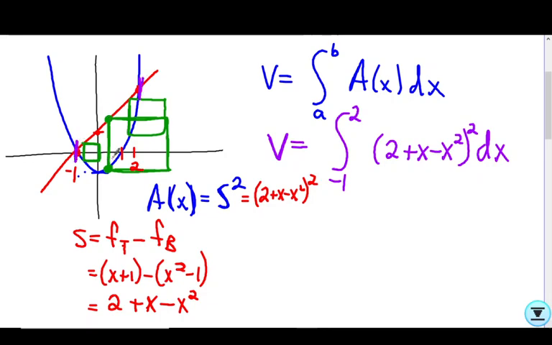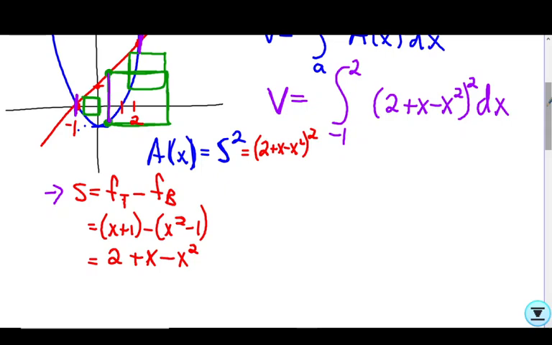The area equation comes from these squares, and the length of one of the sides comes from top minus bottom. So we're using the bounded area to come up with our base length. From here, it's basically just algebra. The first thing you need to do is FOIL all of this out.